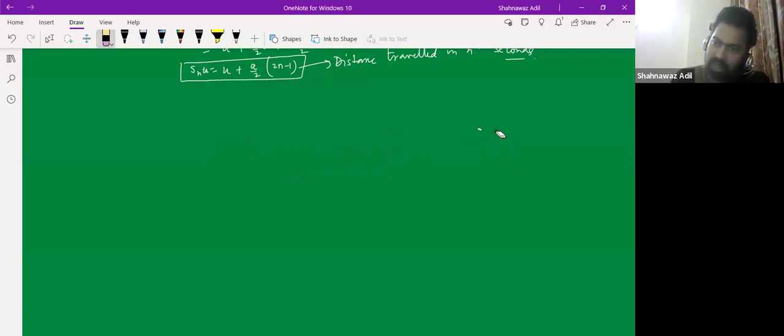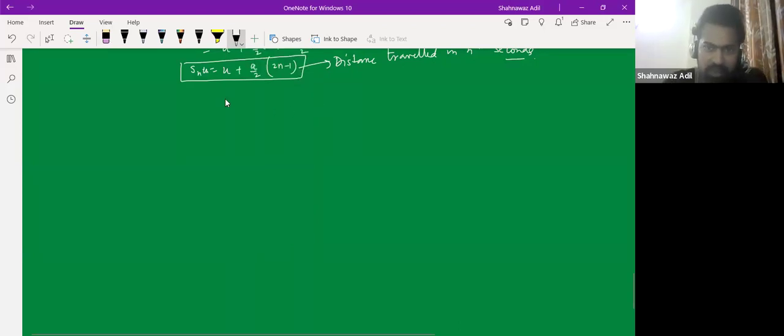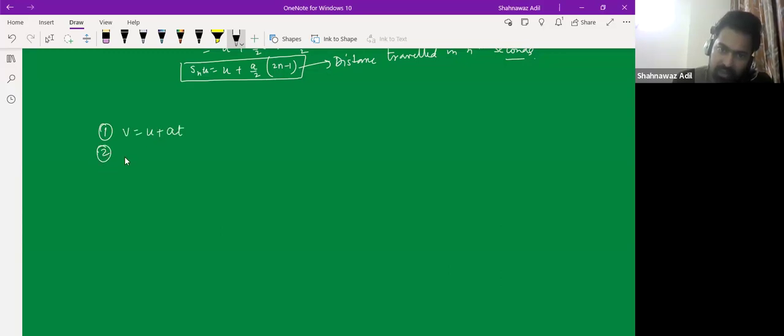Okay, so in the last class, we talked about uniform acceleration and we saw different cases of uniform acceleration, right? So we saw different equations of motion for uniform acceleration. And we were doing a couple of questions, right? So let's continue with that. But we have to keep in mind that we had this equation whenever acceleration is constant, right?